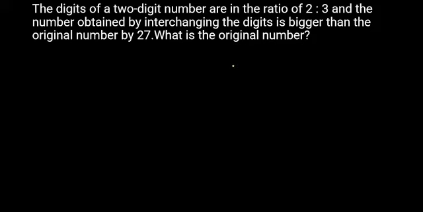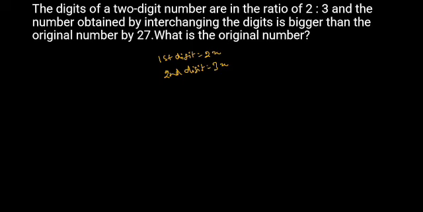So let us assume that the first digit is 2x. The second digit is actually 3x. Okay, there are 2 digits now.